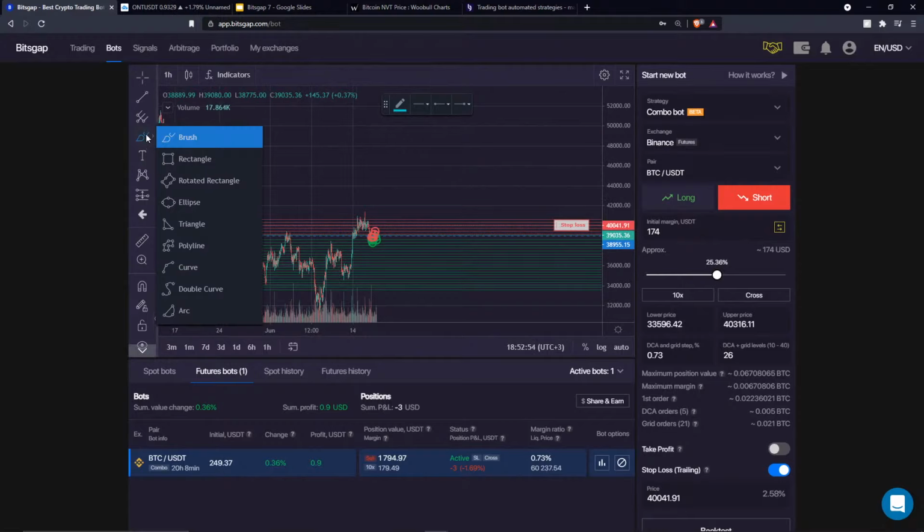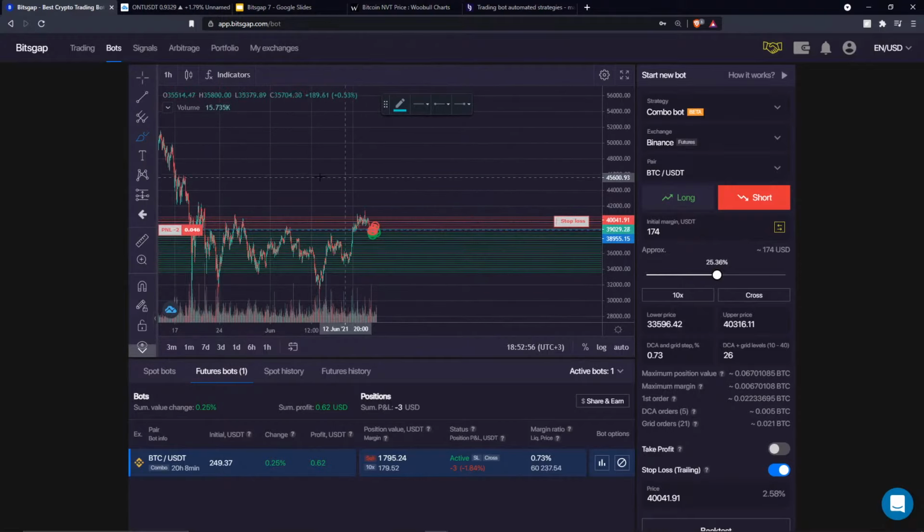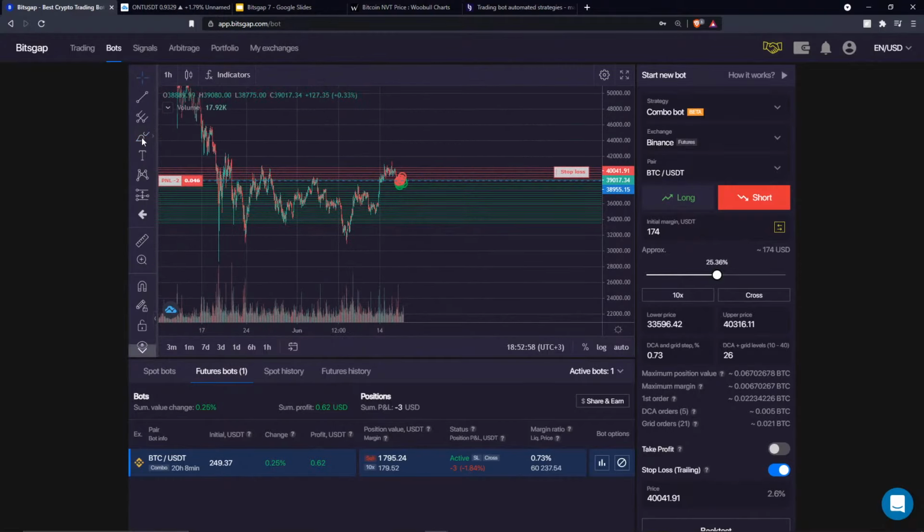Another scenario where I would launch this bot is if we would fall to the support line, to that point, 31K. This is where I would try to launch my long bot, because I would put my stop loss below the support, so that's going to be pretty close to my entry price, so the entry here is justified.